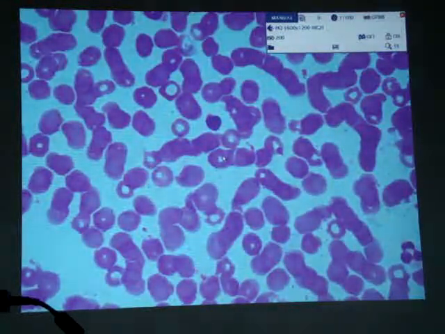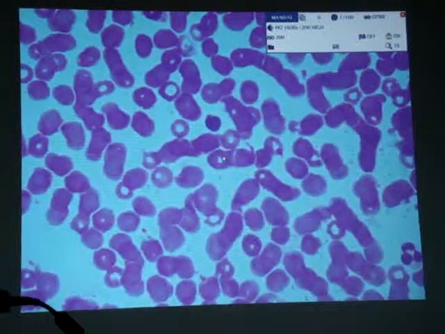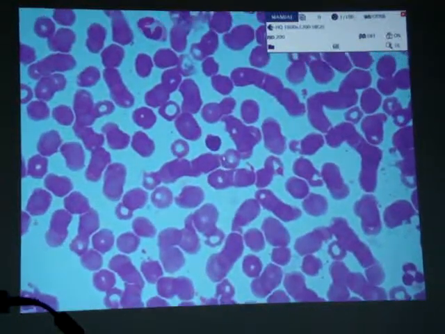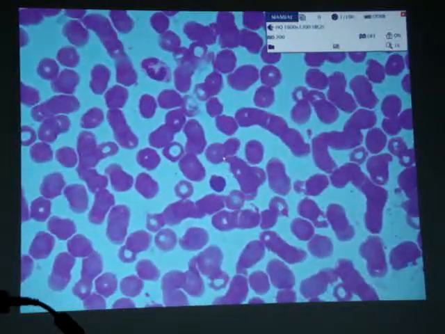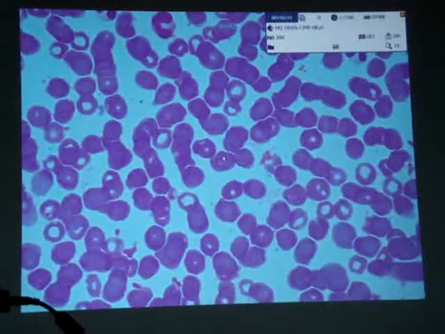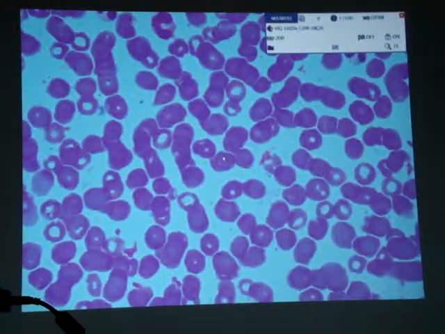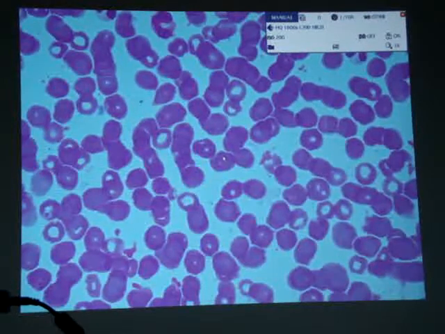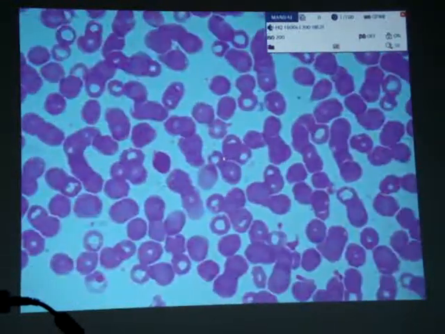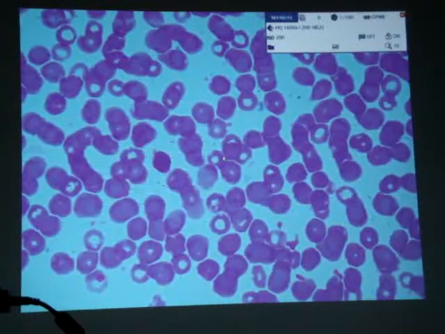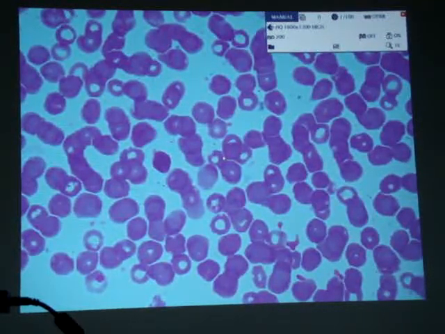What is the reason for the red cells assuming that shape? To increase the surface area for the diffusion of gases. Because what is the function of the red cells? Transport.